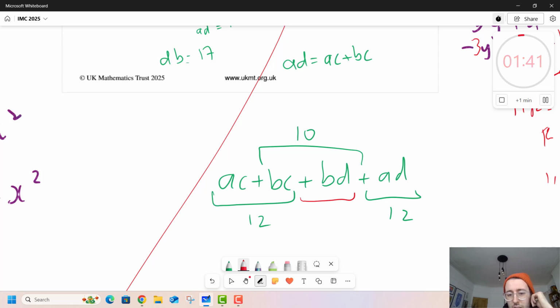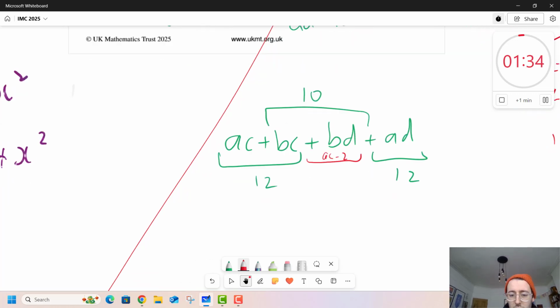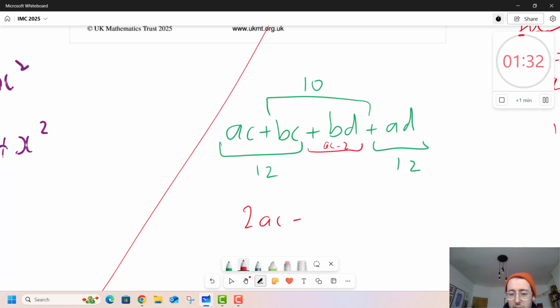So this is just AC minus 2. That's just a bit smaller, this by 2. So really we've got 2AC plus BC plus AD. Well, that's just 12. So really we just need 2AC plus BC minus 5. Just coming up with one too many of something.